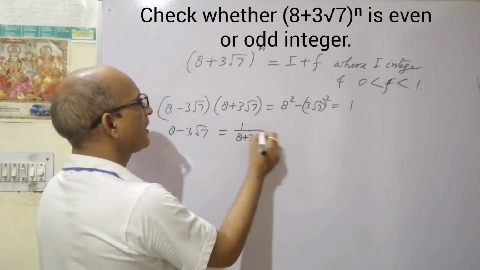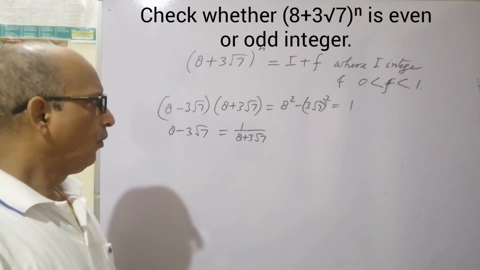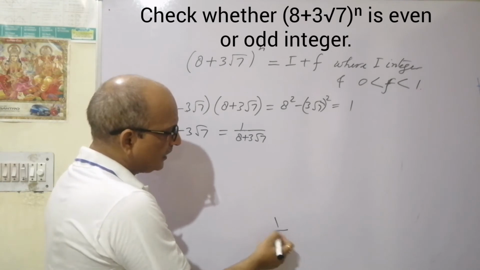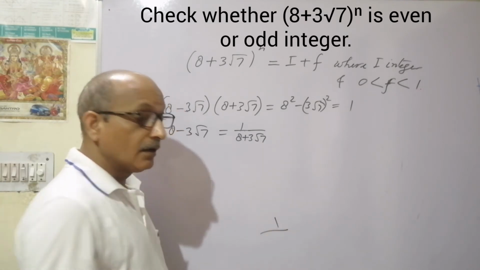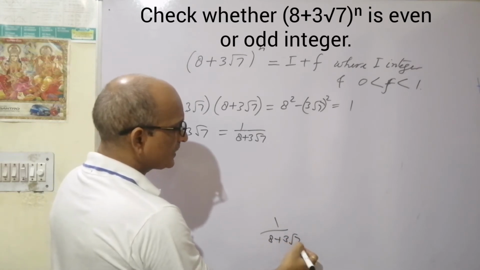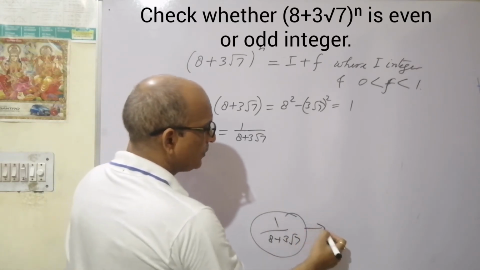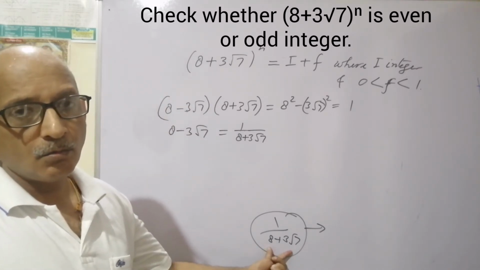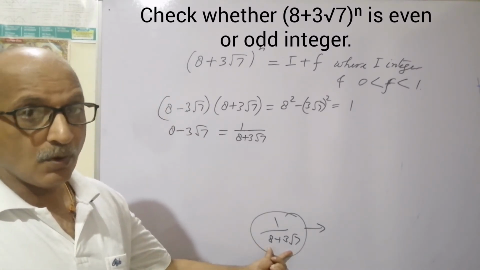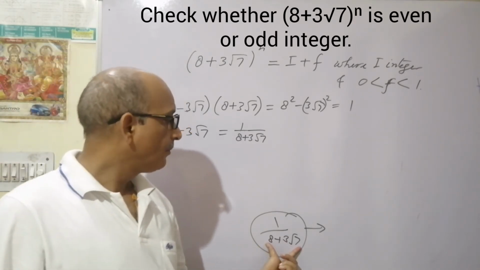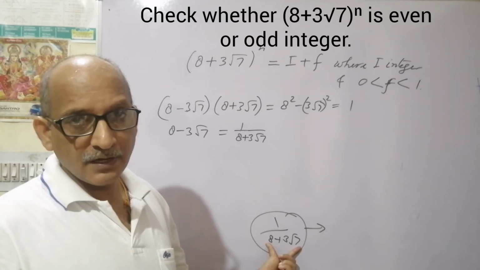Now one more thing to be understood: if 1 is divided by any number, here 8 + 3√7, obviously this will be converted into a fraction only, and that will be less than 1, because 8 + 3√7 is more than 1.